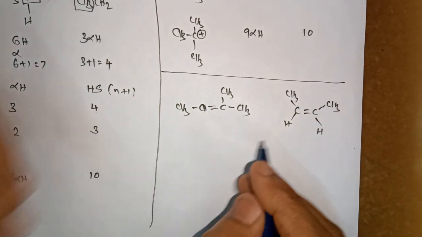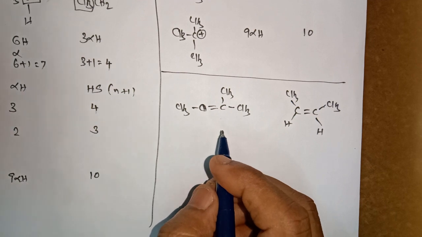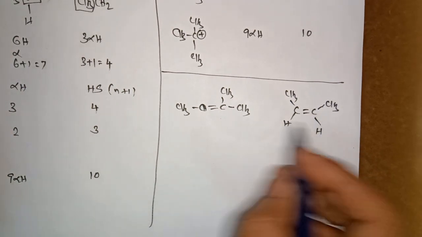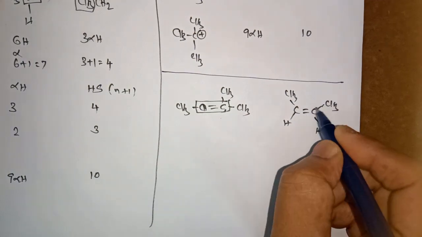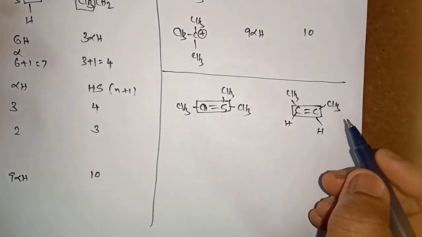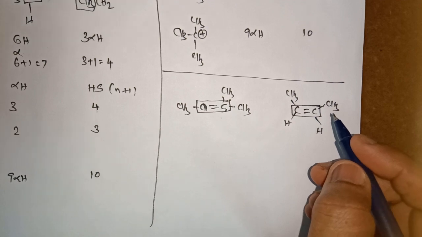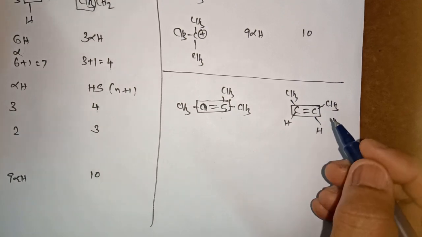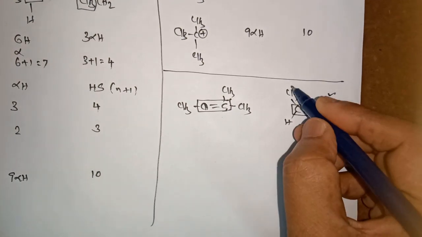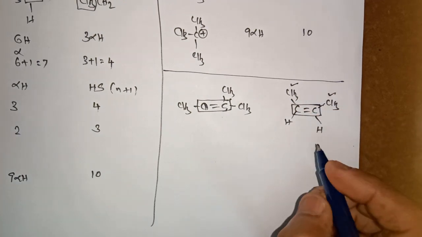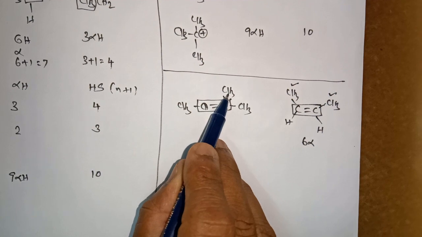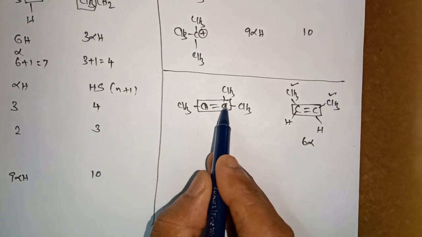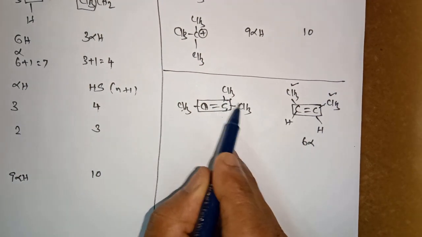I want to know in between these two which has higher stability. Both are called substituted alkenes. To know that, what do we need to find out? You find out the number of alpha hydrogens. It has 3 alpha hydrogens here, here 3 plus 3, totally 6 alpha hydrogens. But here 3 more: the carbons attached to the functional group are called alpha.